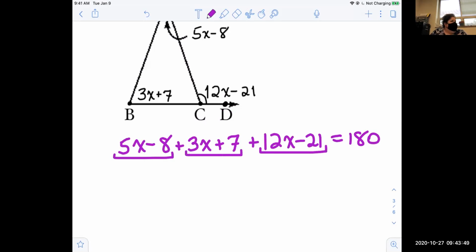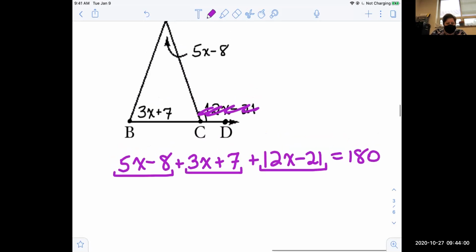Okay, so if you had that equation, Jake, it wouldn't be this angle out here. Where would 12x minus 21 be? If you added this angle, and 12x minus 21 to equal 180, where would the 12x minus 21 have to be, Katie?